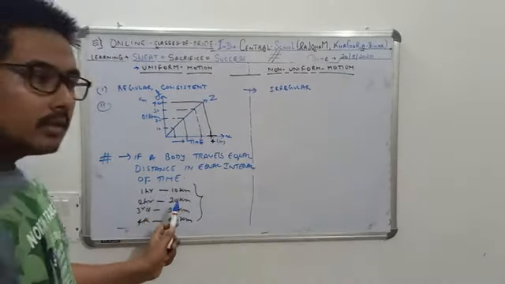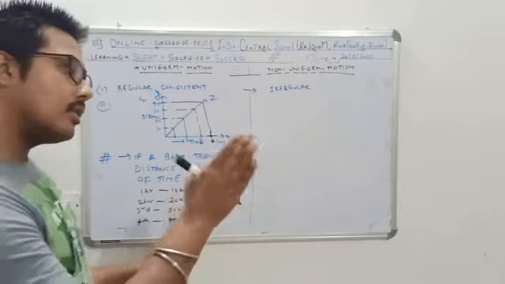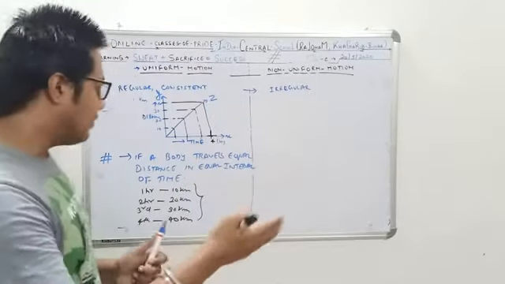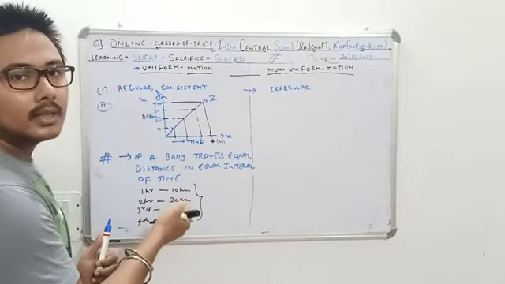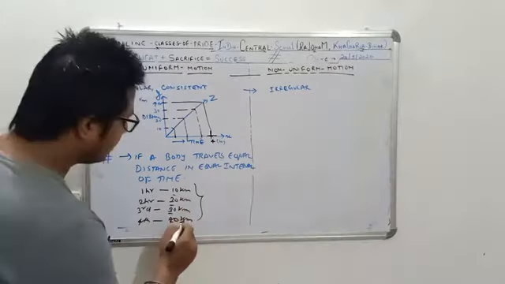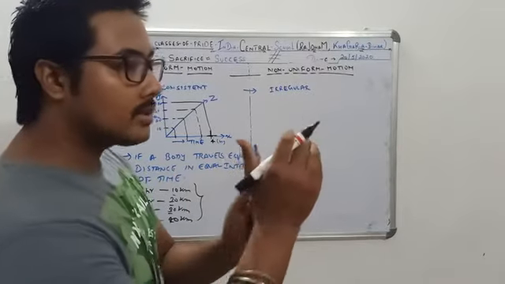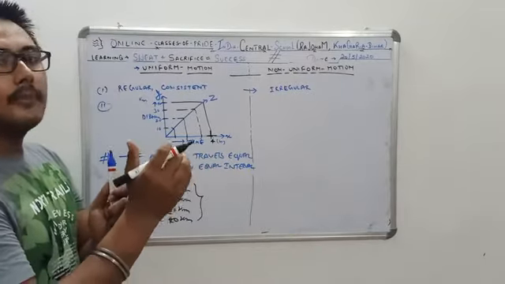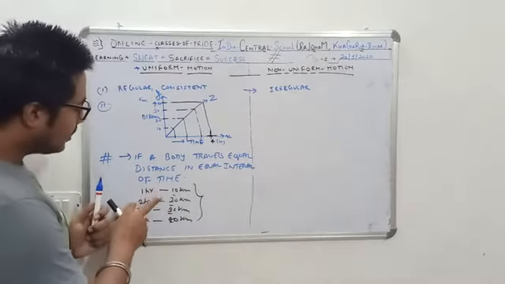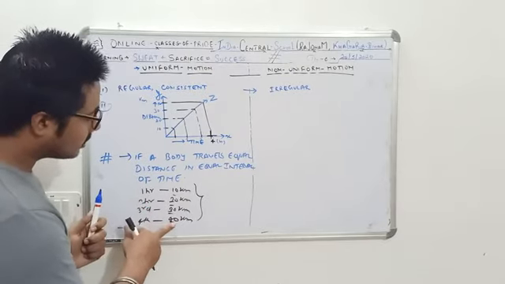Again in the second hour it has traveled 10 kilometers ahead, again in the third hour 10 kilometers ahead, and again in the fourth hour 10 kilometers ahead. The difference is always 10 kilometers. There is a uniform difference in the distance traveled by the car per hour.